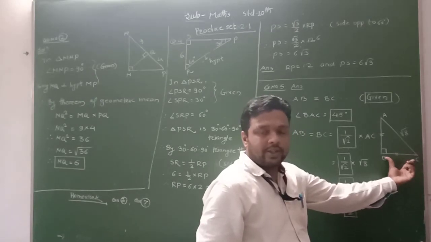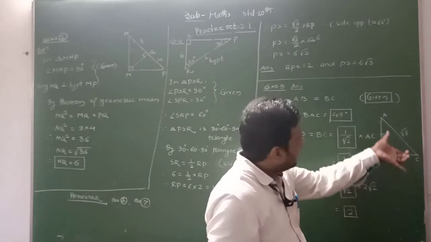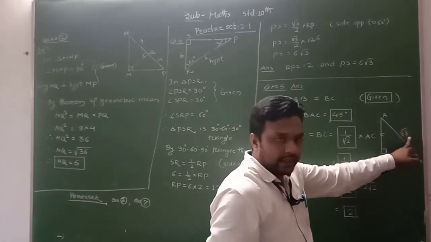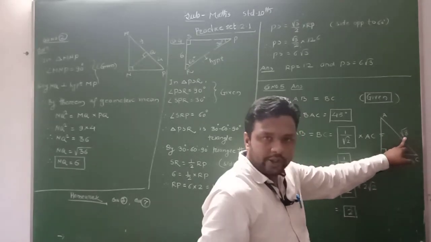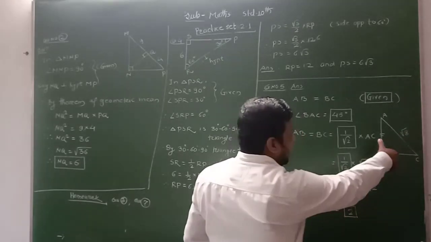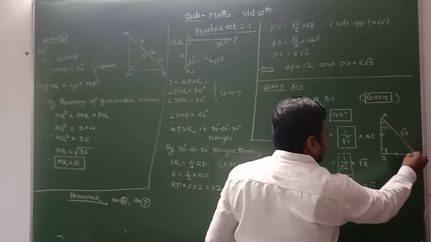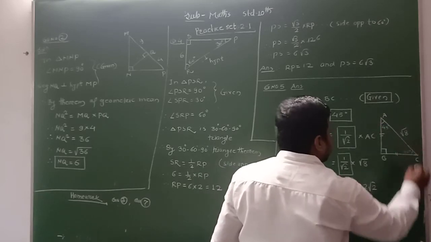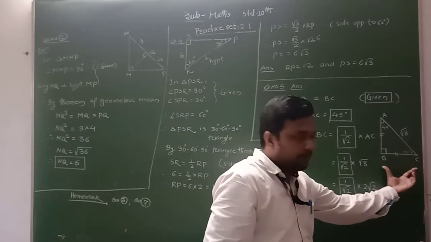Okay, this is the isosceles right angle triangle in which two sides are equal. Length of AC is given, root 8. This is the side opposite to 90 degree, therefore this is the hypotenuse. If two sides are equal, then the remaining two angles are what? 45 degree and 45 degree. Using this information, here we find the value of AB and BC.